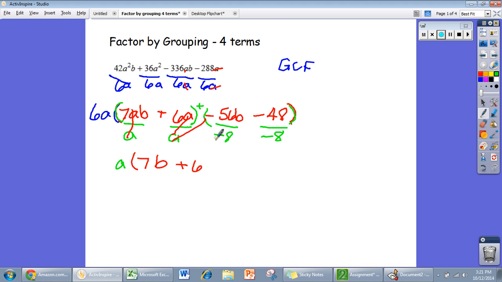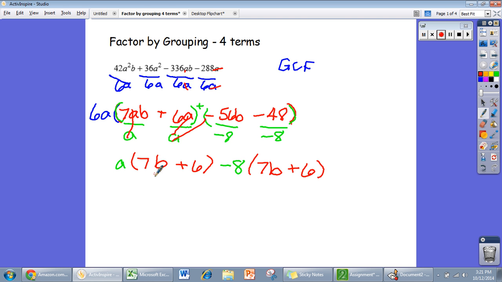If it's positive, you're dividing by a positive. In this case, it's a negative, so I'm going to divide by a negative. So once I factored out that negative 8, I'm bringing it down. When I divide, I get 56 divided by 8. Of course, negative divided by a negative is a positive. The b stays. Negative 48 divided by a negative 8 is a positive 6.